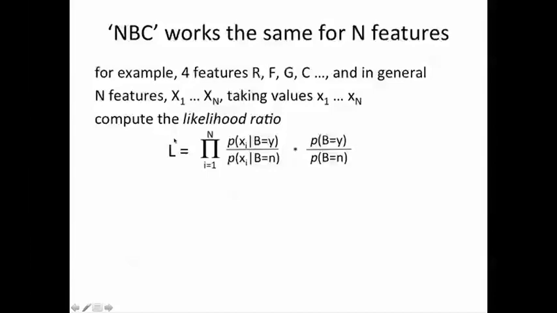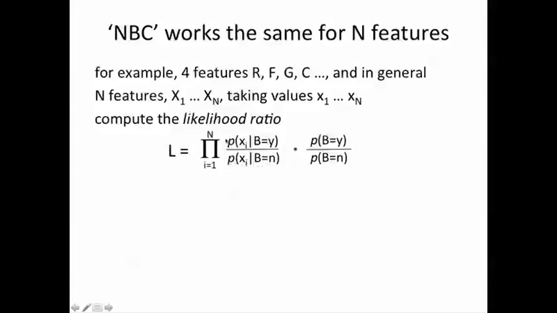This ratio is called the likelihood ratio because each of these terms in the product is a likelihood, in the sense that if x1 equal to yes, then the probability here is the probability that x1 equal to yes for the situation when people are buying versus the probability that x1 equal to yes when people are just browsing.